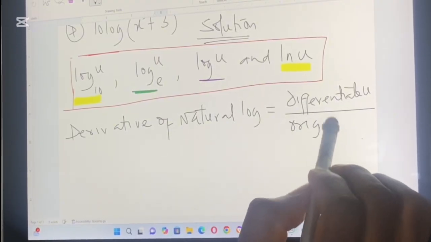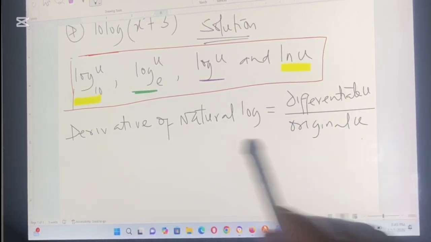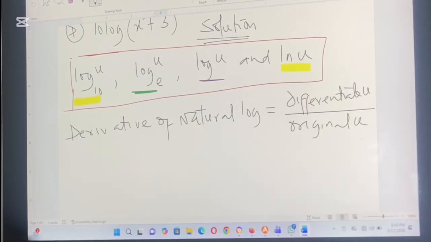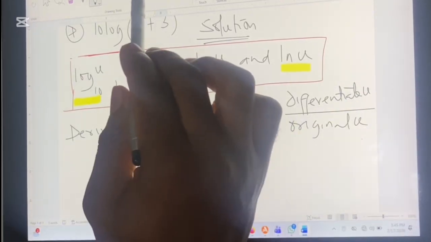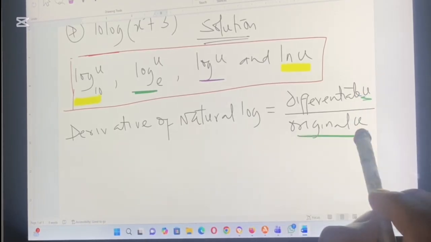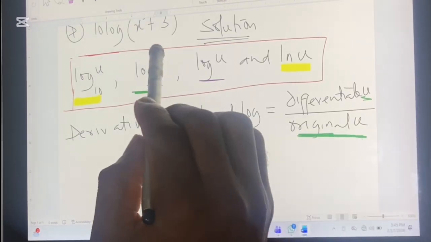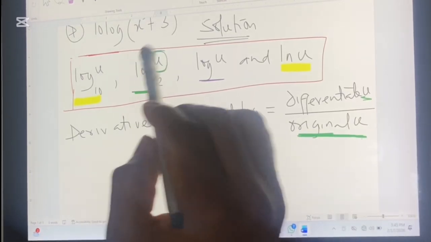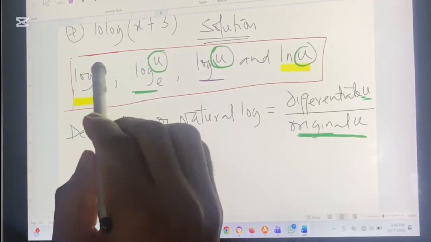Please take note. This is the pattern to differentiate all natural logarithms. Differentiate u, and you replace the original u here at the denominator. So what is u? Anything that will stand in this position here is our u. Please take notes.